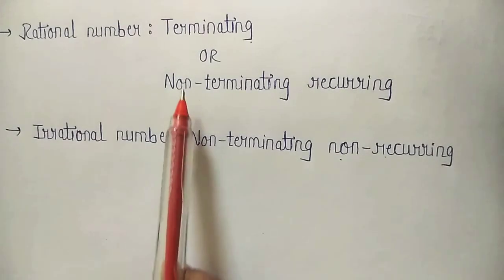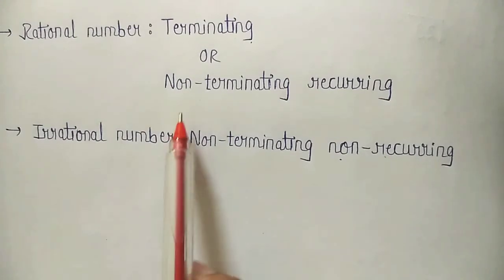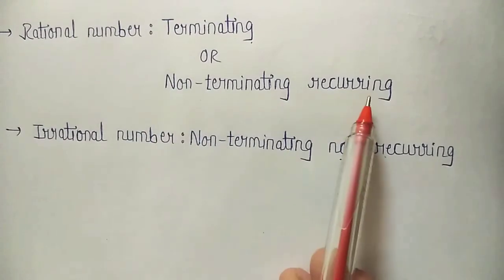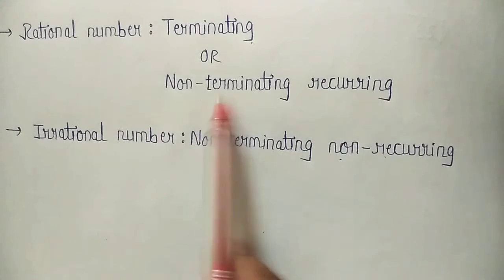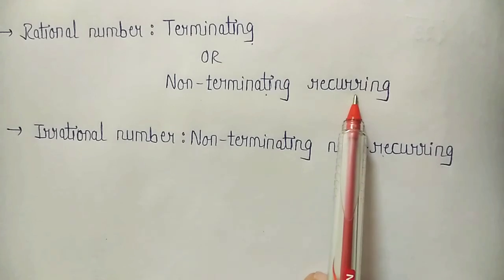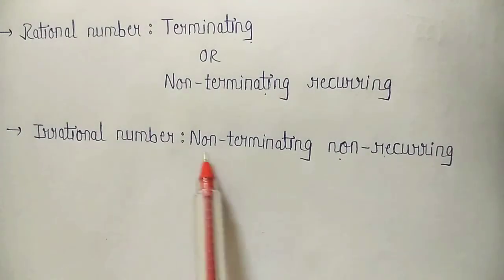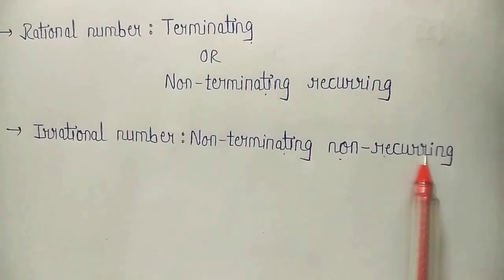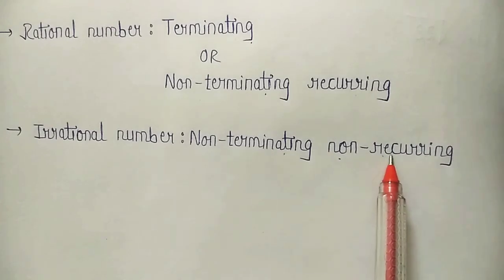Do not be confused with this too. In rational number we have non-terminating recurring, which means it is continuous but the digits are repeating digits. What about irrational? Non-terminating, non-recurring, digits are not repeating digits.